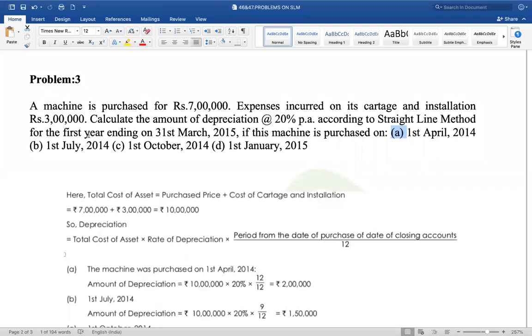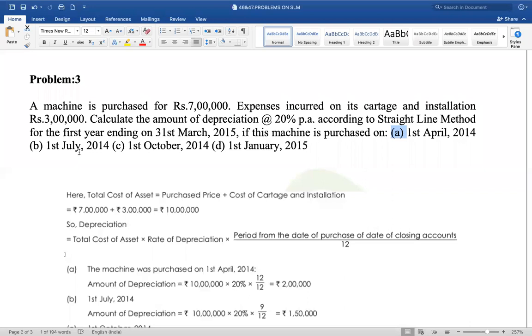In the second scenario, perhaps it might be purchased on 1st July. Let's count: July of 2014, August, September, October, November, December, January, February, March of 2015, all put together 9 months. The machine is used for 9 months.